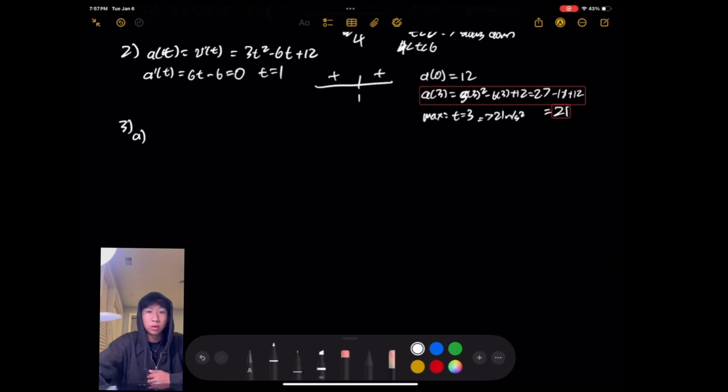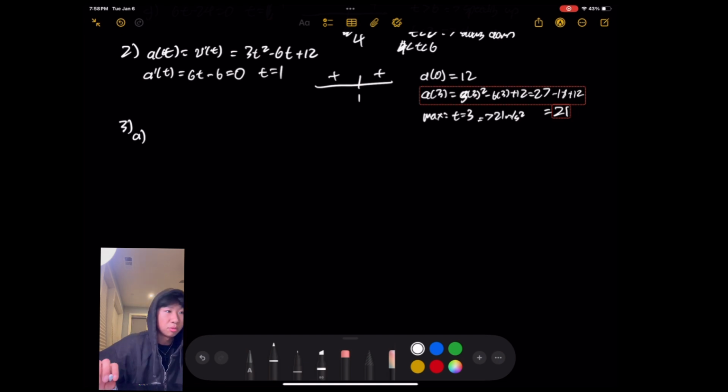So whenever the particle is moving to the right, that means velocity is positive. And when velocity is positive, that means the slope is positive because velocity is a derivative. So if the slope is positive, then it's moving to the right. If the slope is negative, it's moving to the left. If the slope is 0, that means it's still.